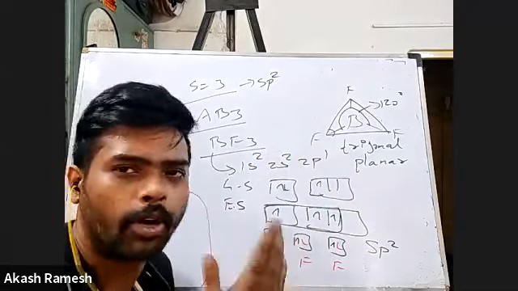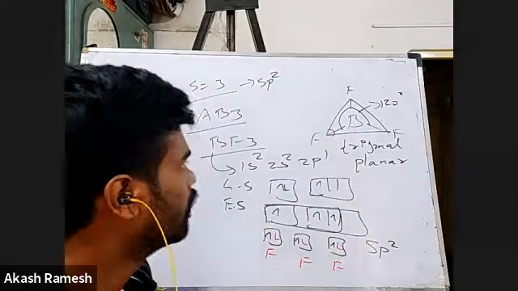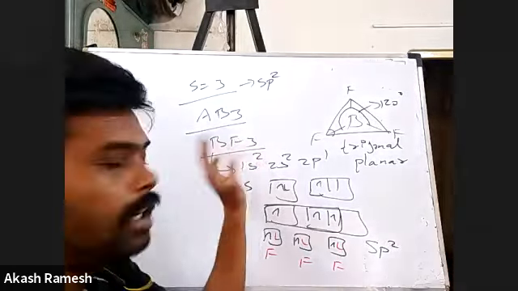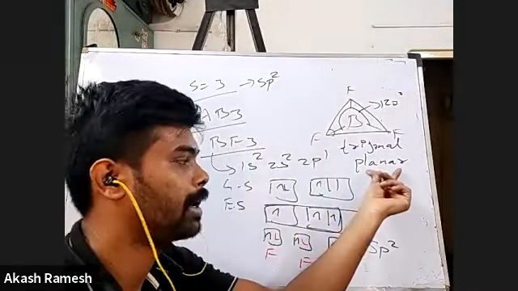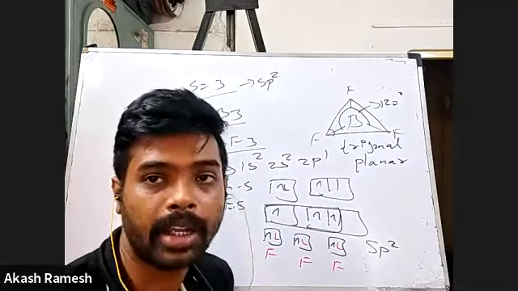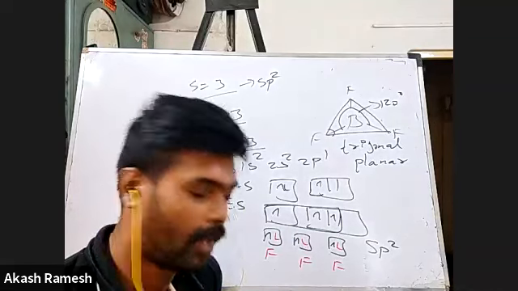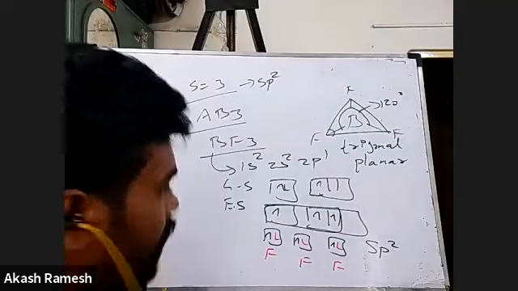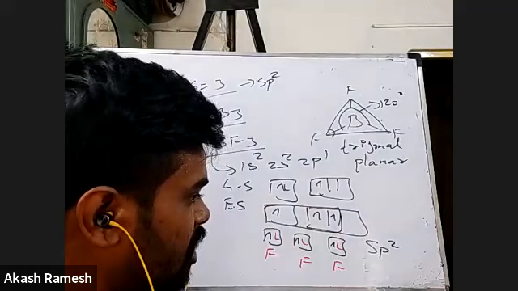For now, we'll see one by one. So when I have an AB3 type of molecule, the shape is going to be trigonal planar, and the bond angle is 120 degrees.